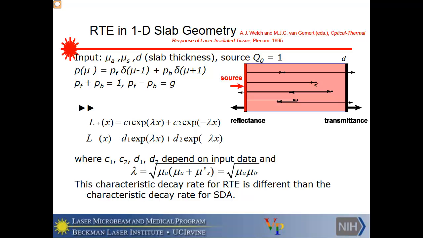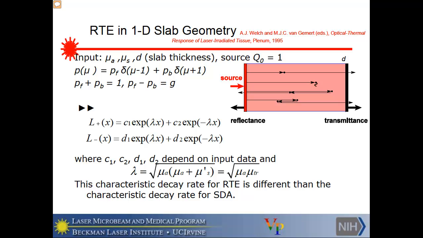And the difference between them turns out to be G. In other words, if you multiply this function P by mu, the cosine, and integrate that from minus 1 to 1, you will find you get G. And it's PF minus PB. That comes out of this. So you can mock up a given anisotropy, G, using the bidirectional scattering only.